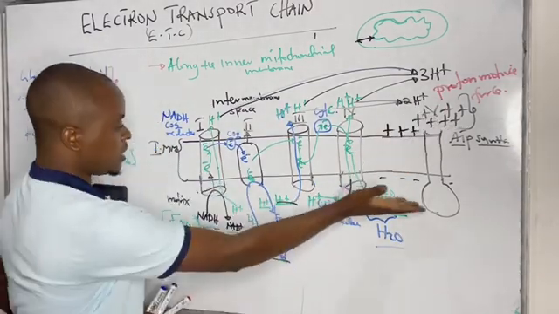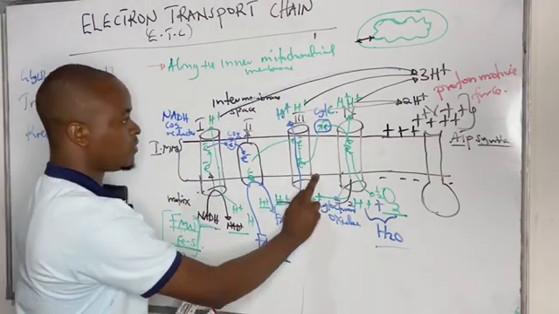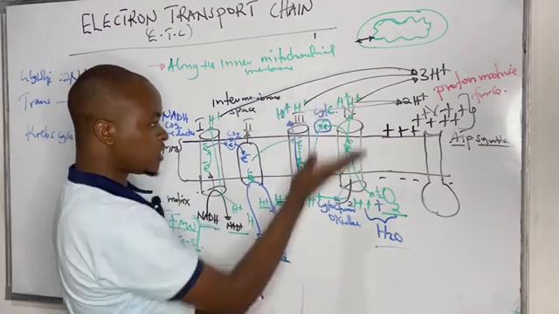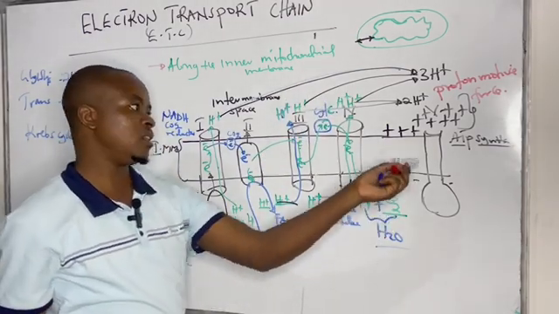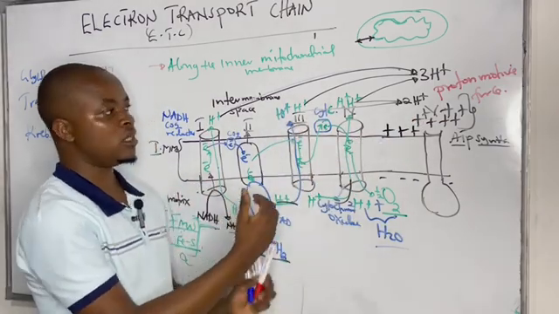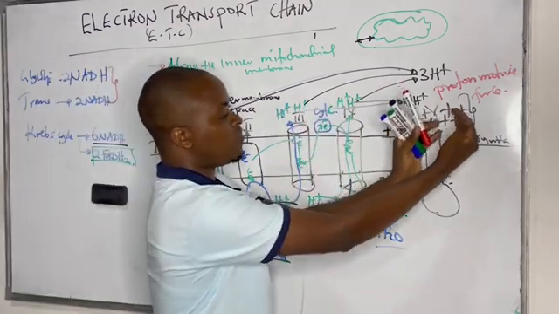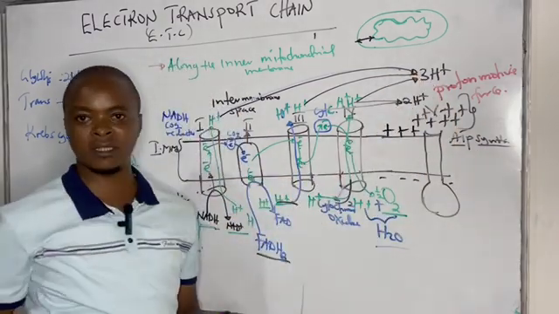As we know, the mitochondrial membrane is impermeable except via complex 1, 3, and 4, and the protons cannot come up again inside. There is a deficit inside and positivity outside. So this is the electrochemical gradient. When they accumulate at complex 5, that is ATP synthase, they create a proton motive force.